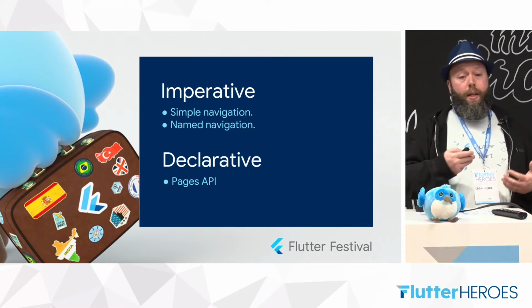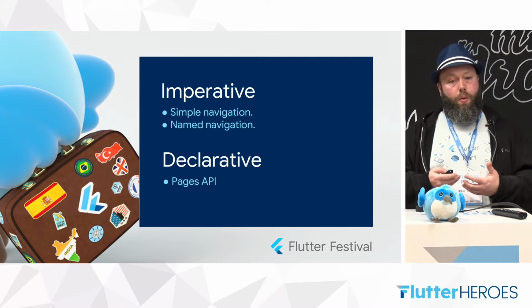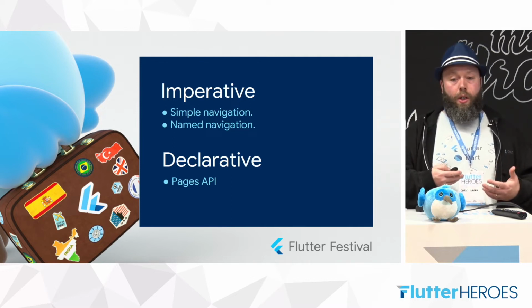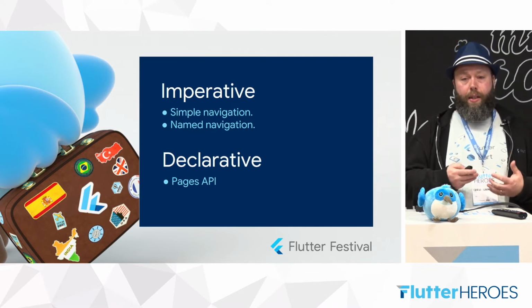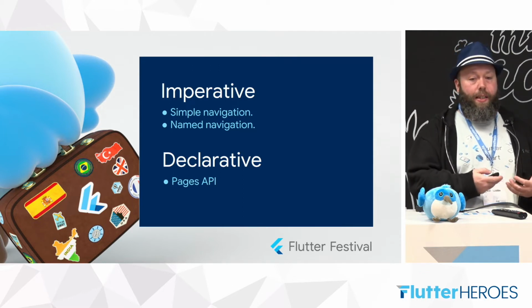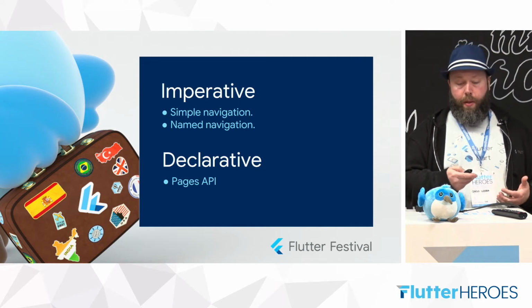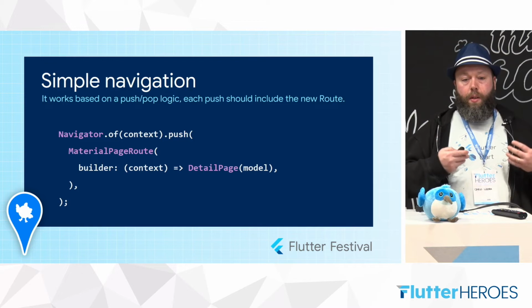And also the declarative one, that is Navigator 2.0, where we have a more declarative approach, like we are used to in Flutter. For example, when we change the state with setState, we can change our navigation in the same way. Let's first see the simple navigation.